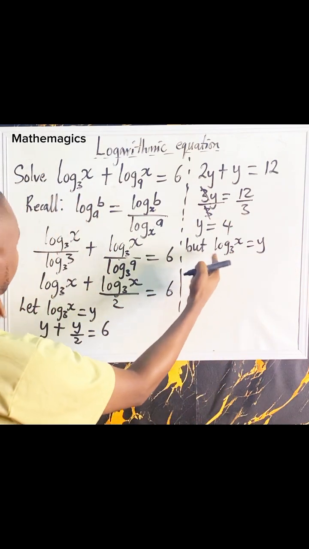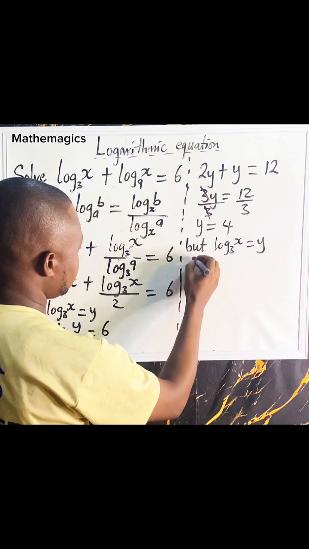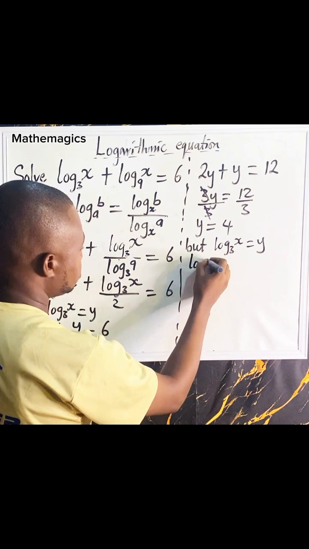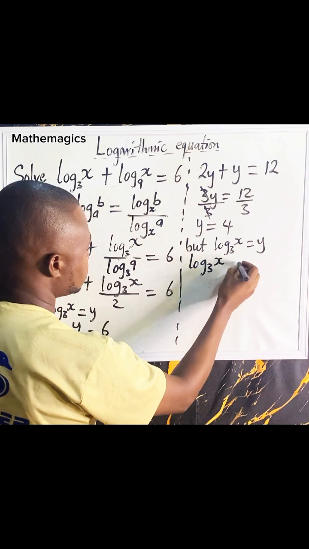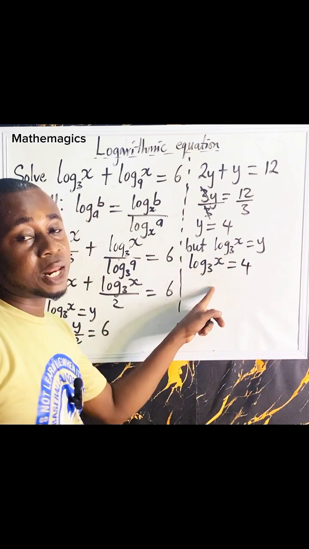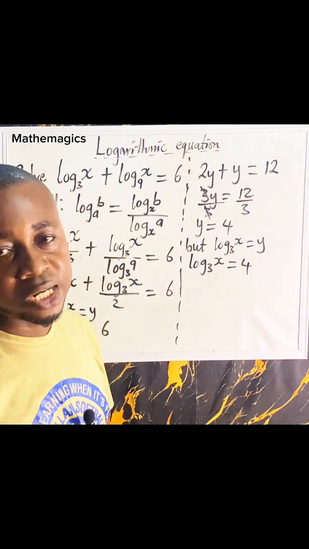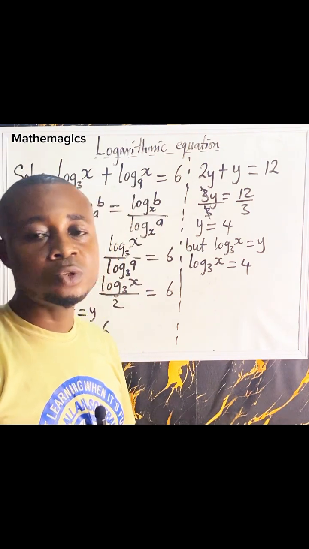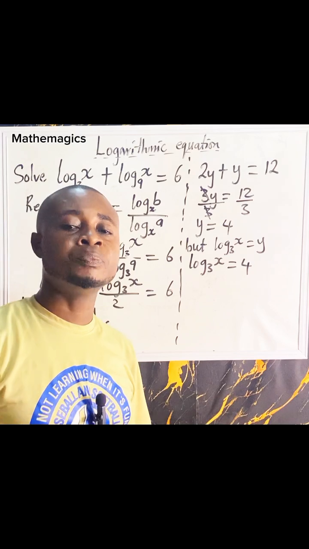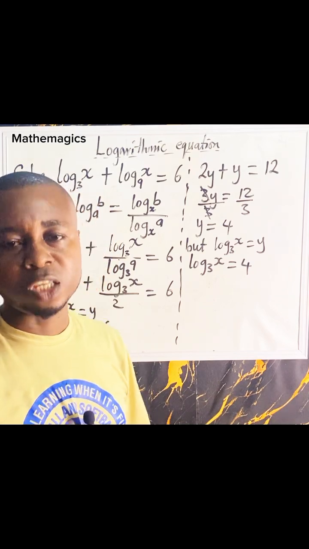In that case, we plug it into the equation. So what do we get? We say log to base 3 of x will be equal to 4. Then we apply the general rule in logarithm. What is that general rule? The general rule states that for every logarithmic equation, there must be a corresponding exponential equation.